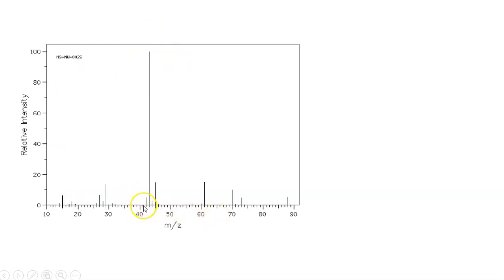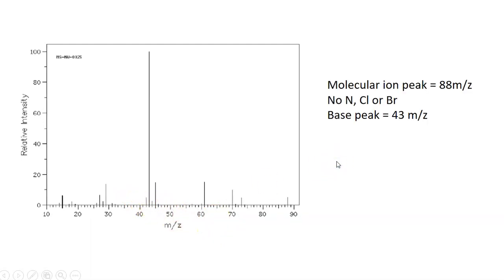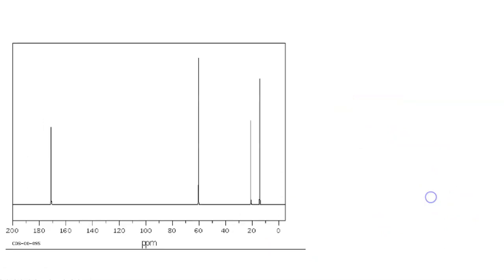Again, I'm going to count along: 41, 42, 43. That's known as the base peak, the tall one. Now, if we look at the molecular ion, it's 88, which is an even number, so there can't be any nitrogen present. There's no isotope ratios, so there's probably no chlorine or bromine. So we have several pieces of information here already.